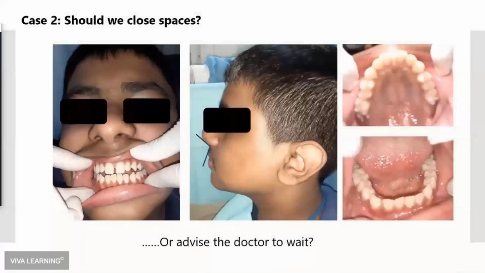In this case, when you have a patient with spaces, we need to consider whether we are going to close the spaces, if the clinical condition is favorable for the closure of the spaces, or if we want to restore. In this particular case, I think it's best, obviously, not to close the spaces.